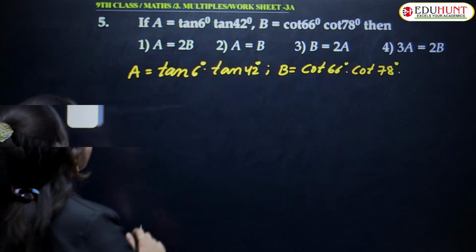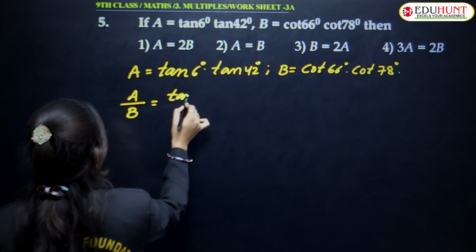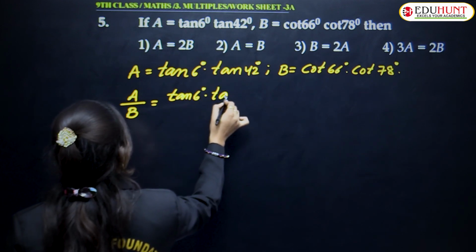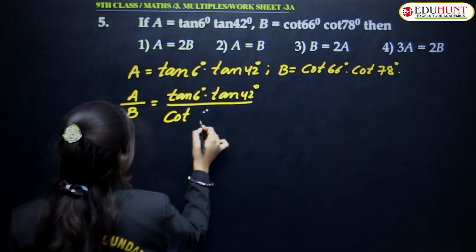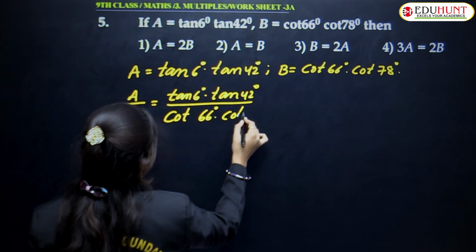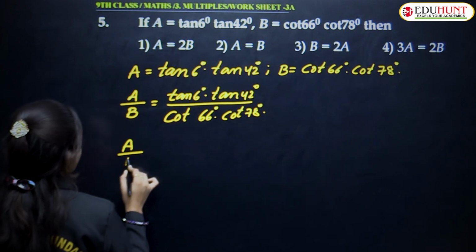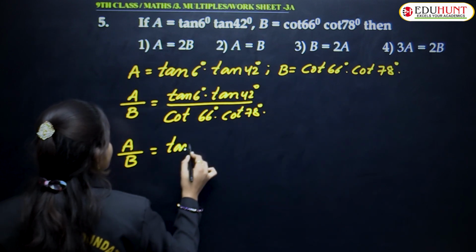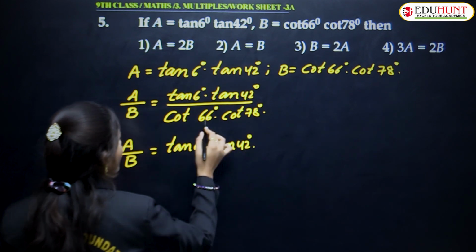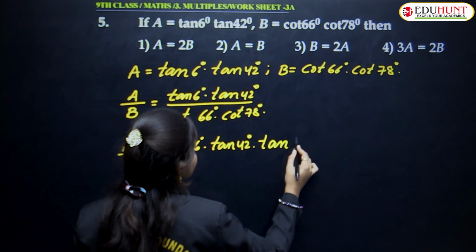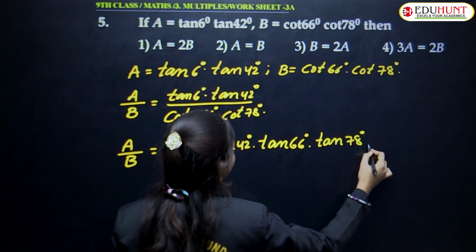So children, first let us do A by B. A by B is equal to tan 6 degrees, tan 42 degrees, whole by cot 66 degrees, cot 78 degrees. So A by B is equal to tan 6 degrees into tan 42 degrees into, we can write cot 66 as tan 66 degrees and tan 78 degrees.